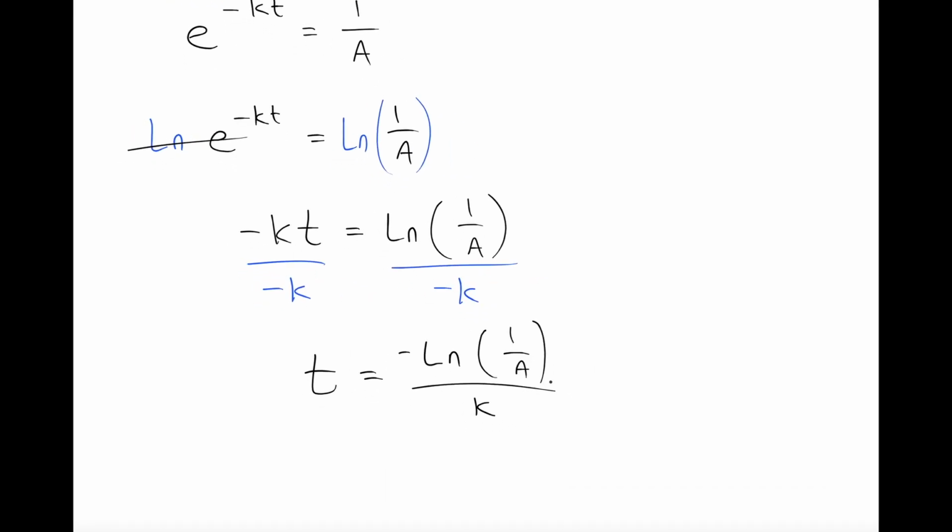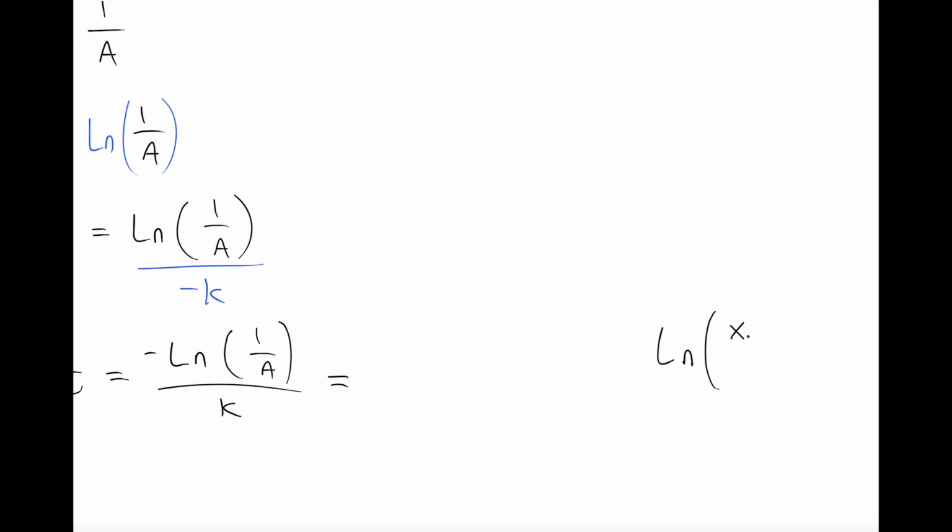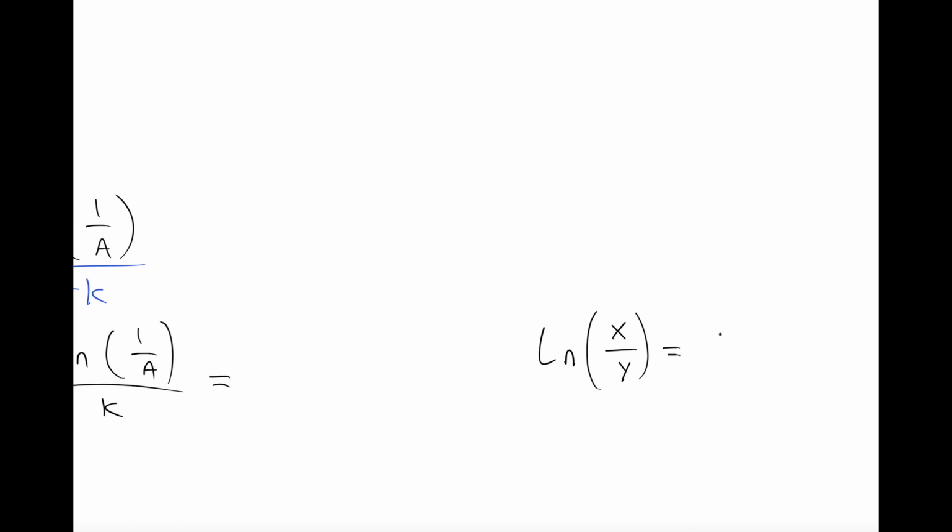Now sometimes you may see this in a simpler form. What we could do is use the rule that an ln of a fraction, say ln of x over y, according to log rules, can be rewritten as ln x minus ln y.